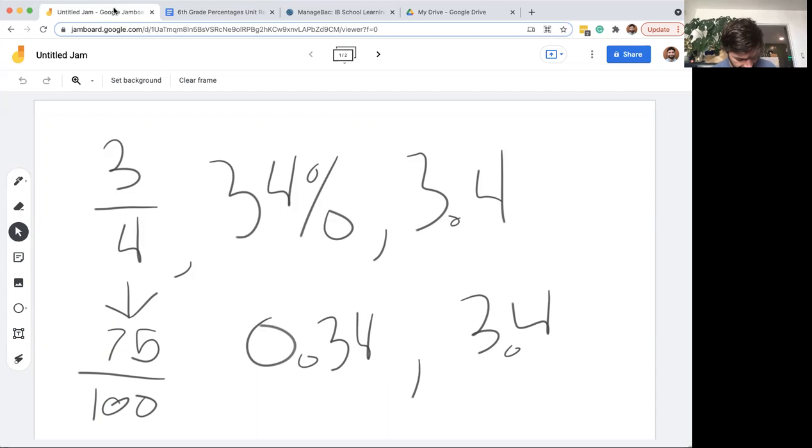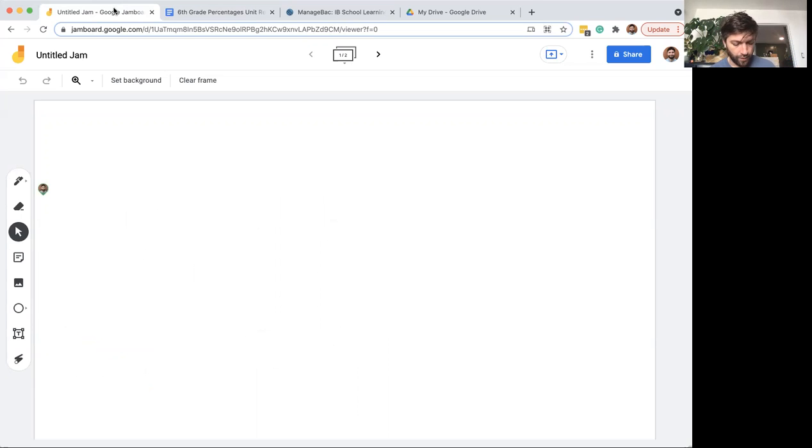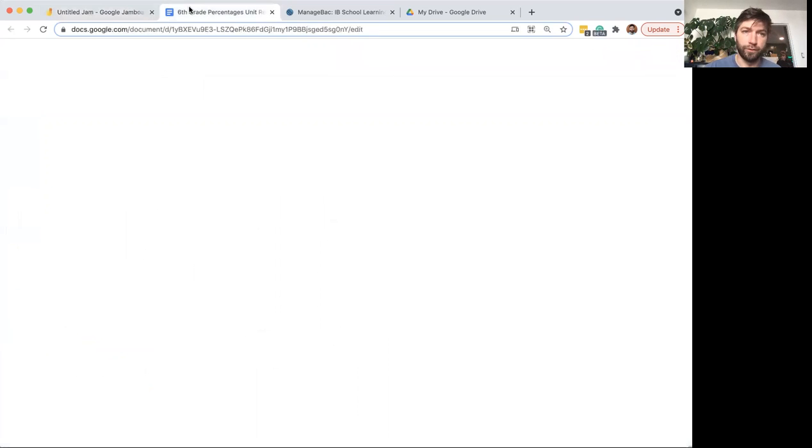And I know I can write that as 0.75 because I put the 5 in the hundredths place of my decimal. So I have 0.75, which is bigger than 0.34, but both are smaller than 3.4, which is well over 1. So 3.4 was my biggest in A.